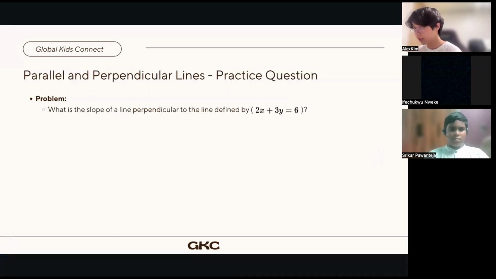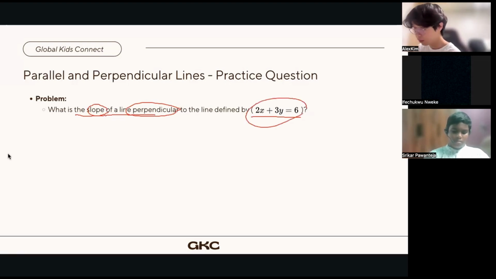What is the slope of a line perpendicular to the line defined by 2x plus 3y equals 6? The question asks for the slope of a line that is perpendicular to this line. So in order to find the slope of the perpendicular line, we have to find the slope of this line first.